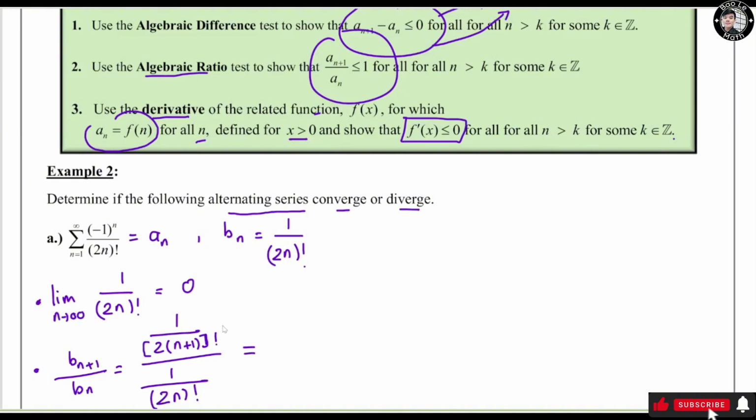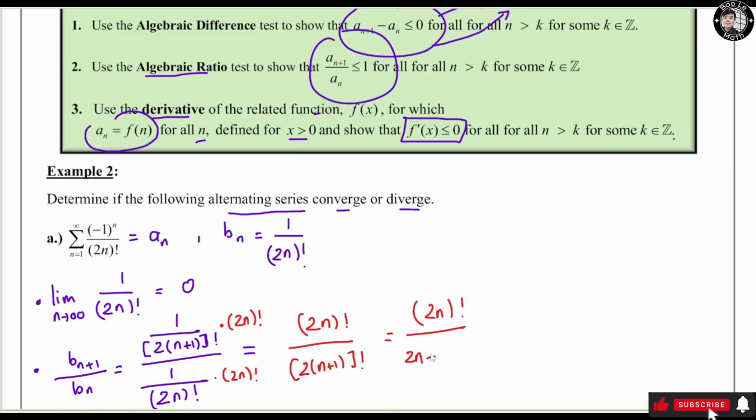Now I'm going to multiply the top and bottom by (2n) factorial. So I'm going to end up with (2n) factorial over (2 times (n plus 1)) factorial. Now I'm going to distribute the bottom, so it's going to be (2n) factorial over (2n plus 2) factorial.